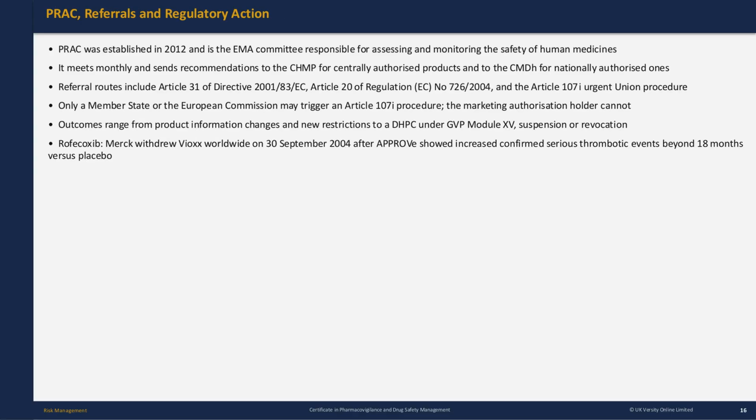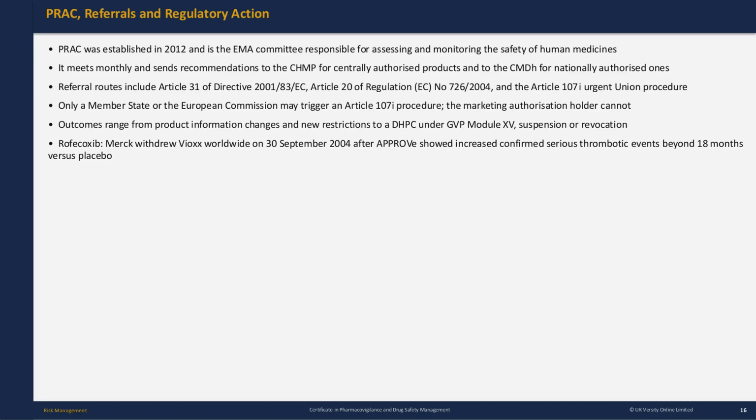PRAC, referrals, and regulatory action. PRAC was established in 2012 and is the EMA committee responsible for assessing and monitoring the safety of human medicines. It meets monthly and sends recommendations to the CHMP for centrally authorized products and to the CMDh for nationally authorized ones.